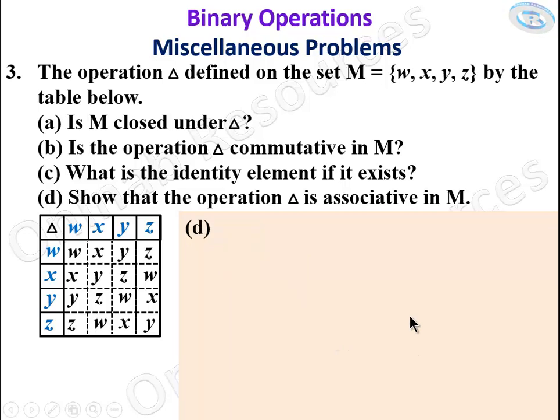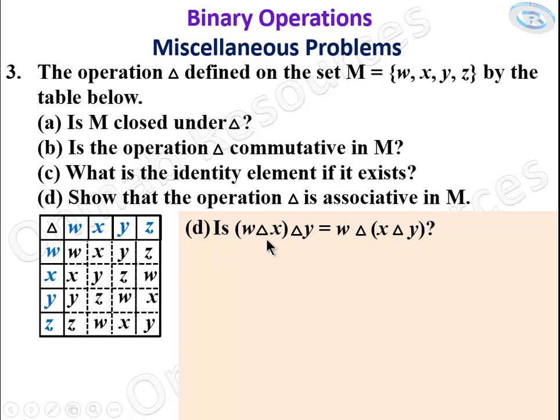We go to 3D. Problem 3D, we are to show that the operation delta is associative in M. So to show that, we need 3 elements. So we are picking the first 3 elements. Then the question is, W operation X in bracket operation Y equal to W operation open bracket X operation Y?